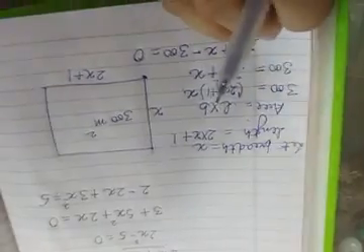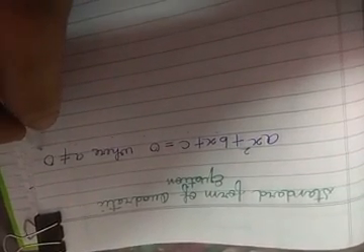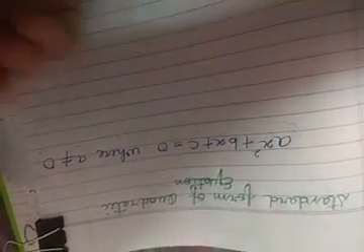Now, what is the standard form of a quadratic equation? The standard form of a quadratic equation is ax square plus bx plus c is equal to 0, where a is not equal to 0. Why is there a restriction that a is not equal to 0? Because if a is 0, that means the x square term will vanish. If the x square term vanishes, then this is not a quadratic equation.